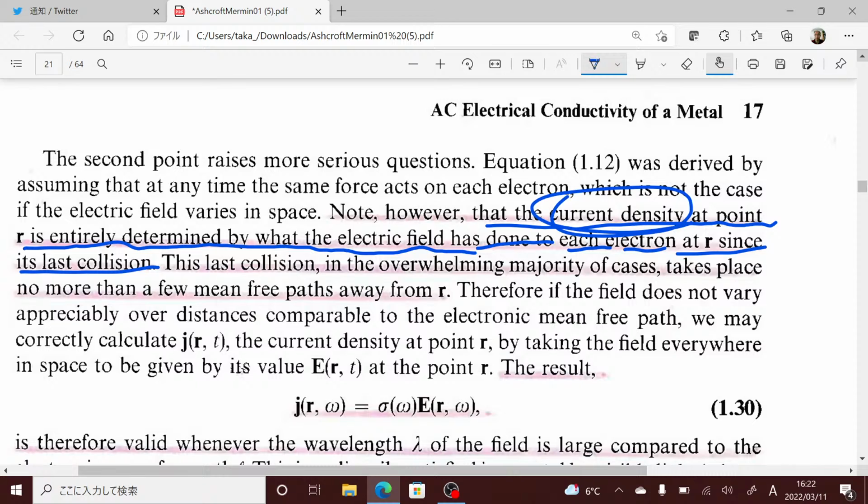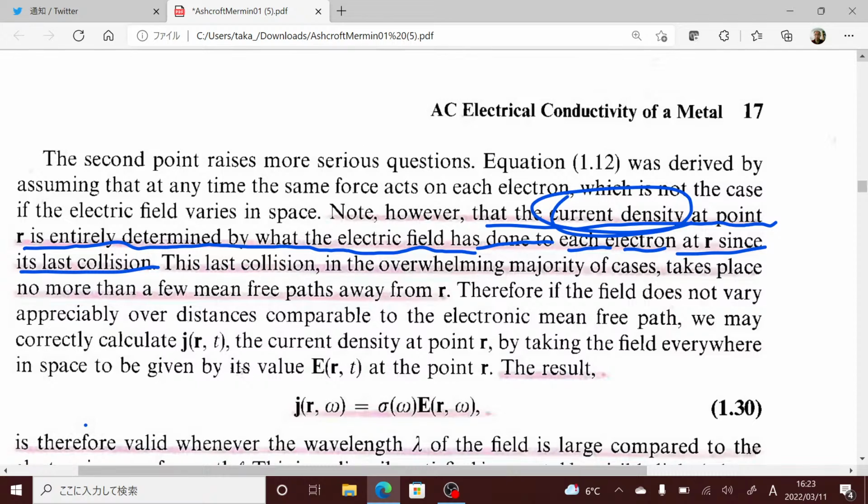Therefore, if the field does not vary appreciably over the distances comparable to the electronic mean-free path, we may correctly calculate j(r,t), the current density at point r, by taking the field everywhere in space to be given by its value E(r,t) at the point r.